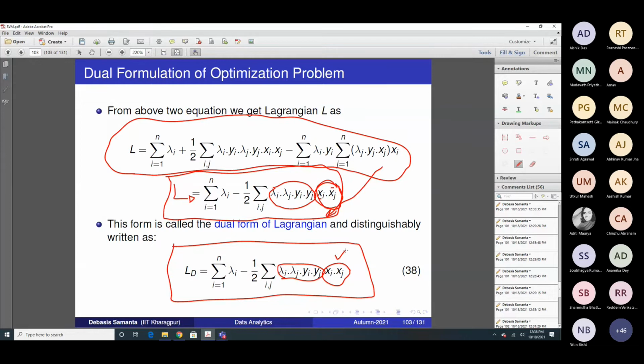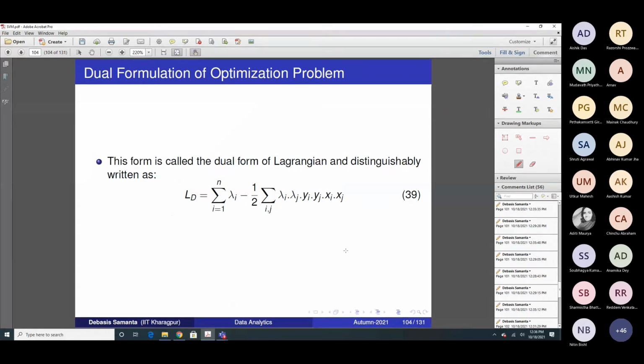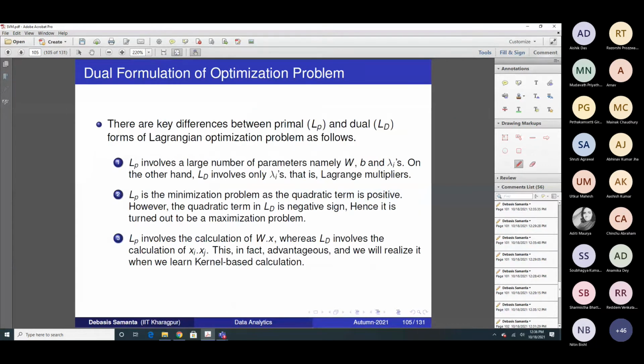So LD has its own edge: fewer unknown parameters, and a lower computation cost so far as LD is concerned. These are the two key points that can influence us to use it.